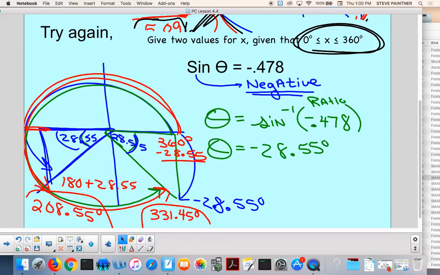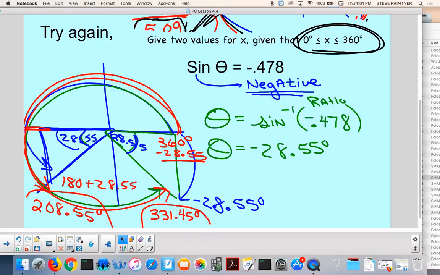That's over 3, that's y, and that's x. Now here's the deal, if that's theta and you get tangent, it'd be -3 over -2, which is positive 3 over 2. Well, it works.